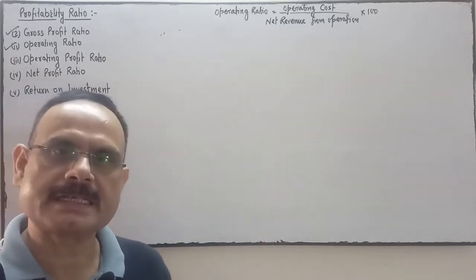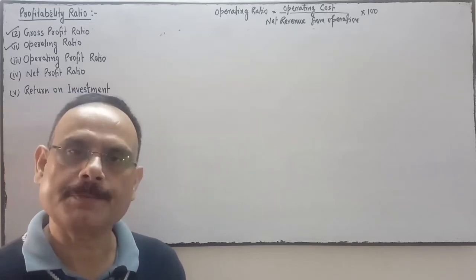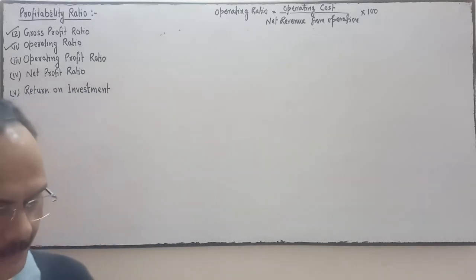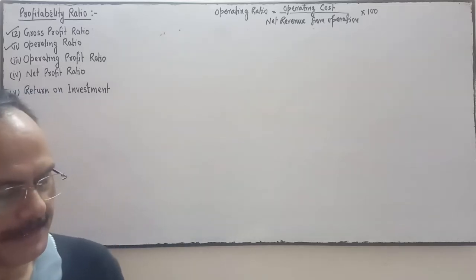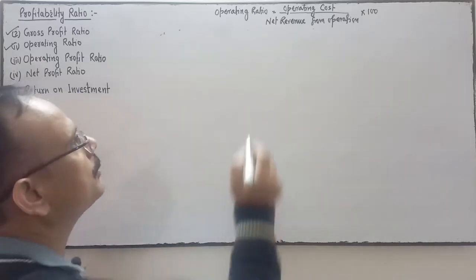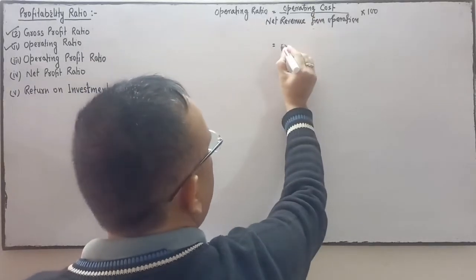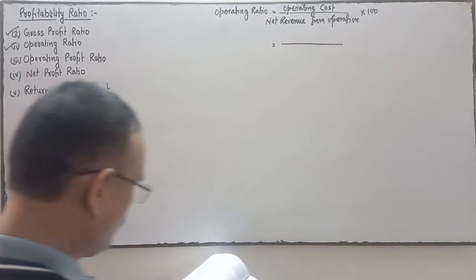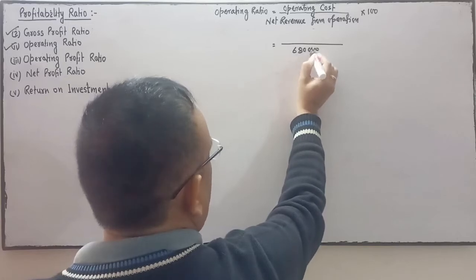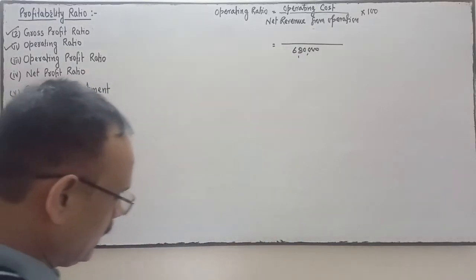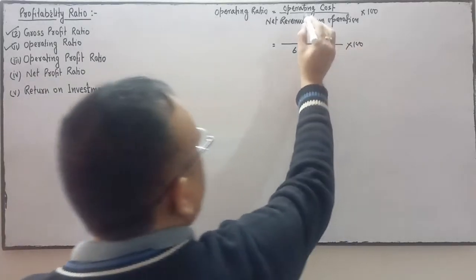Revenue from operation is 6 lakhs 80,000. Rate of GP on cost is 25%. Selling expenses 1 lakh 44,000. Administrative expenses 73,000. So write the formula of operating ratio: operating cost upon revenue from operation. Revenue from operation is given, 6 lakhs 80,000. We have to find out the operating cost.